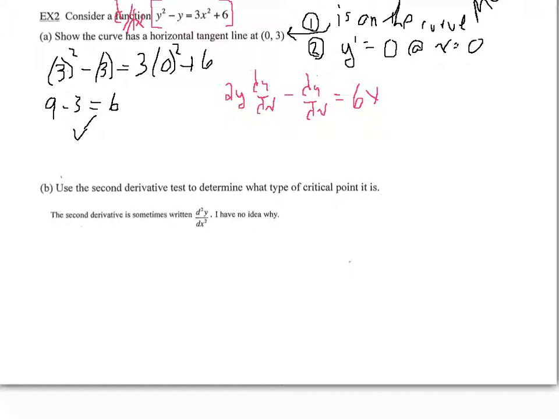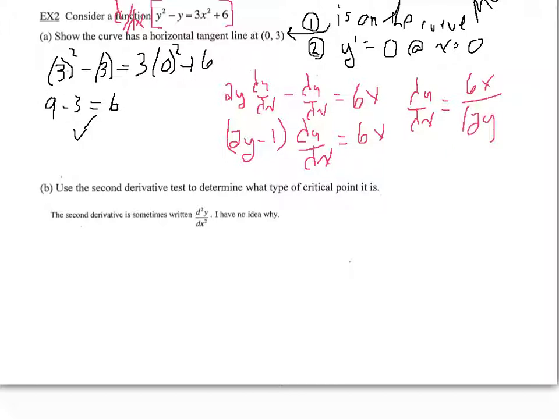Now I'm going to solve this by factoring out the 2y minus 1. That leaves me with dy/dx is equal to 6x over 2y minus 1. And then I'm interested in what's going on at (0, 3), so I'm going to plug those two points in.